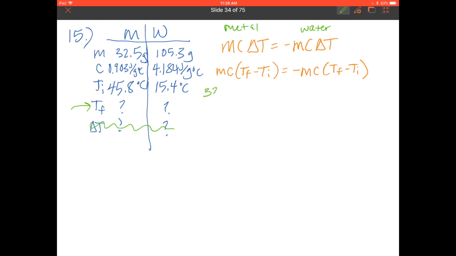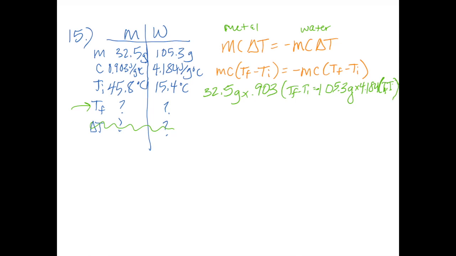I'm going to say 32.5 grams times 0.903 (TF minus TI) is equal to negative, don't forget that negative, 105.3 times 4.184 (TF minus TI). What I'm going to do is multiply these two values together to simplify.